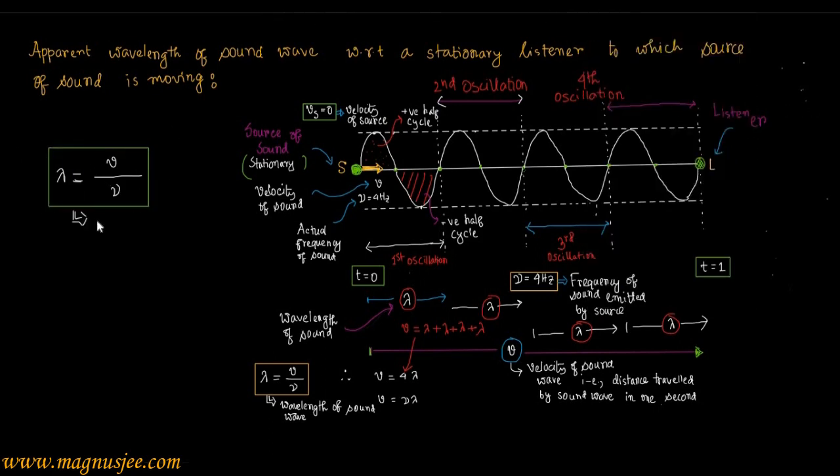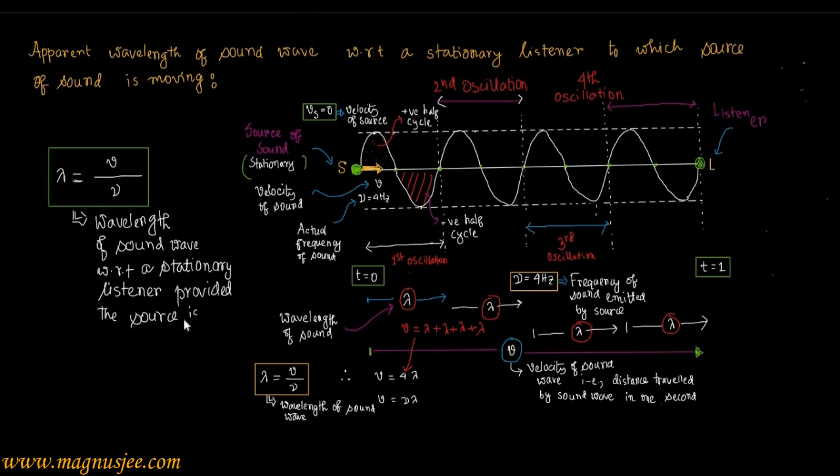Therefore, lambda is the actual wavelength, the true wavelength of the sound wave emitted by the stationary source of sound and heard by the stationary listener. Lambda is equal to v by nu, which is the wavelength of the sound wave with respect to a stationary listener, provided the source is also at rest.